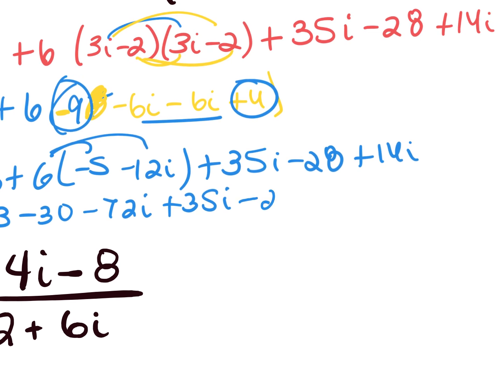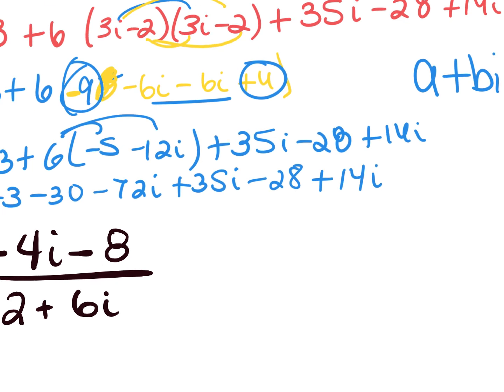Should you ever have an i squared anywhere in your problem and your answer? No. At some point, guys, when you get i squared, you need to cross it off and change that to a negative 1. So now you have reals and imaginaries. You have to write your answer in standard form. A plus Bi. Real part first, imaginary part second. So all of the reals, let's just go through.